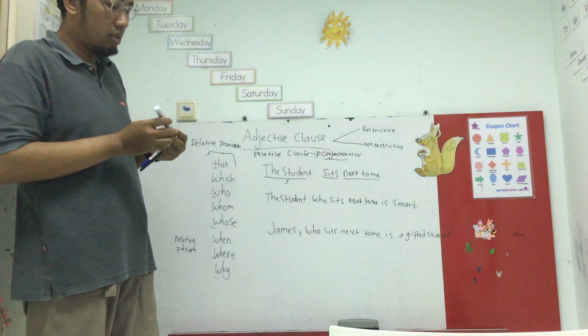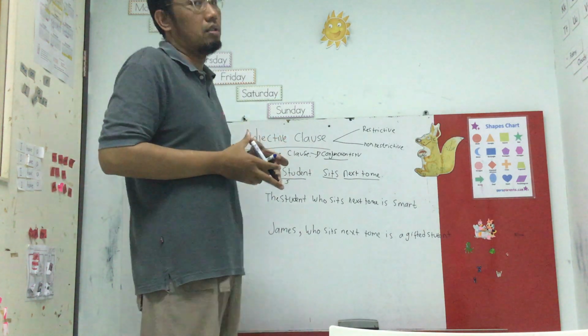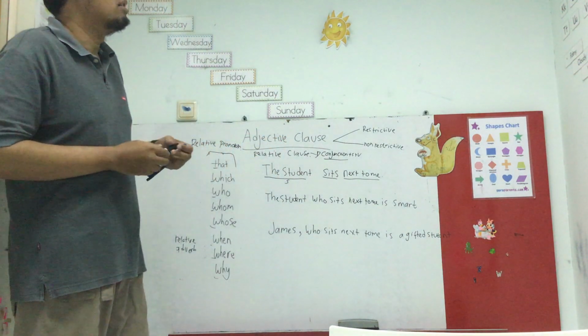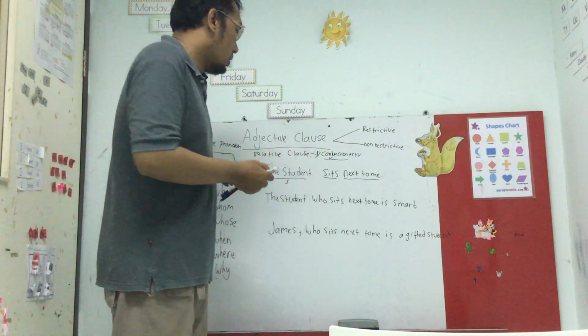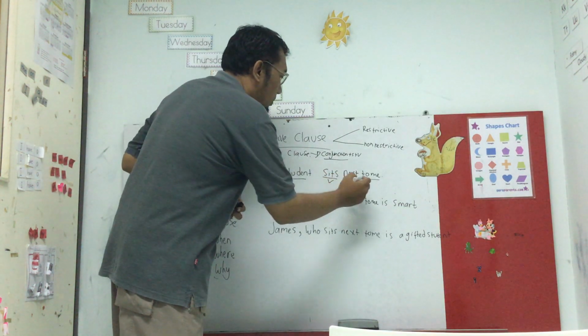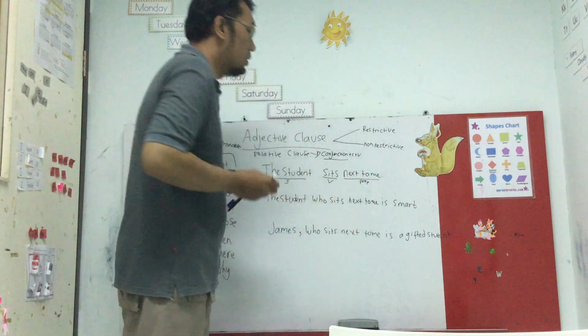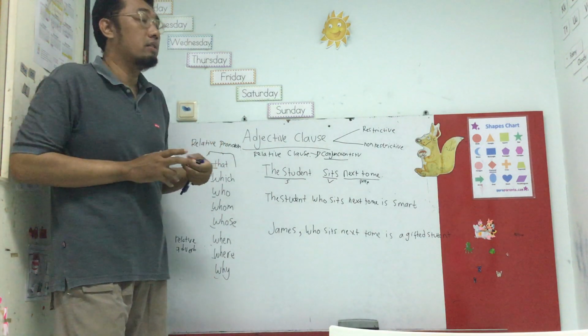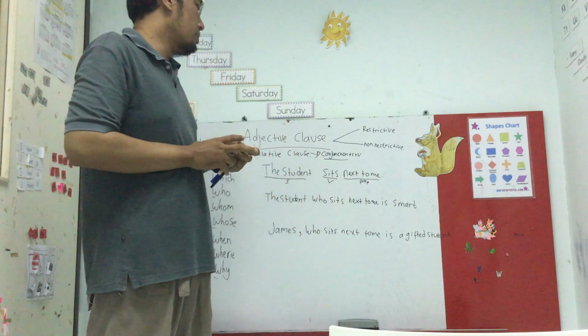Student is the subject, sits is the verb, and we have a preposition over here. The student sits next to me. This is just a simple sentence.